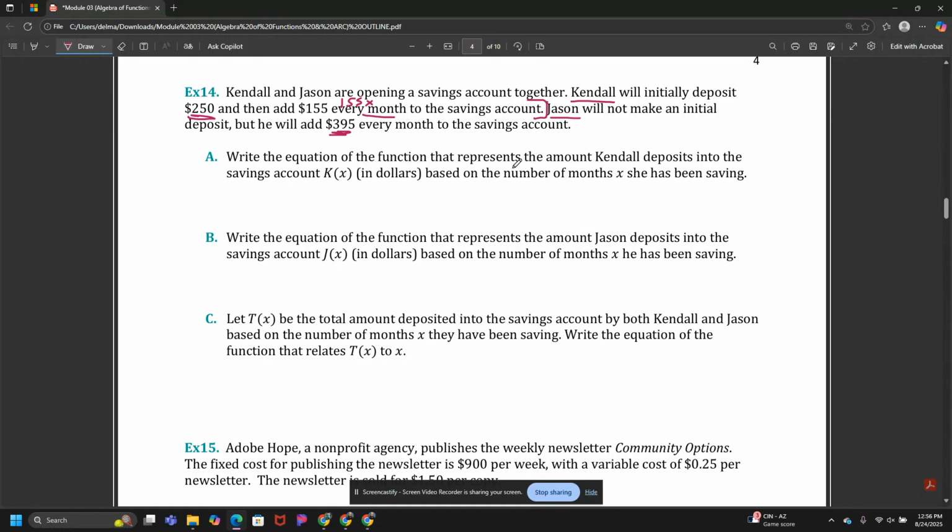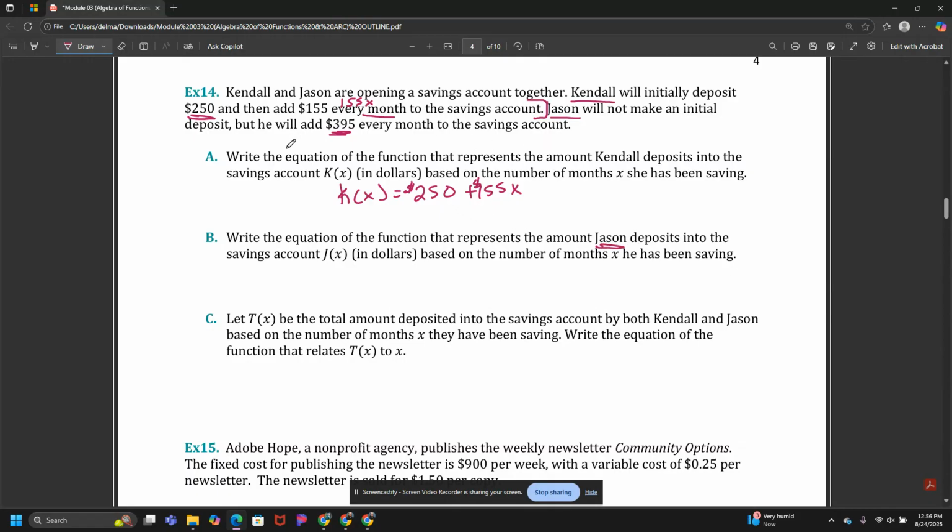Write the equation of the function that represents the amount Kendall deposits. Okay, it says it wants to be k of x, so I'm going to start that. Well, Kendall, it says he initially puts $250 in, and then he adds $155 every month. Okay, write the equation that represents Jason.